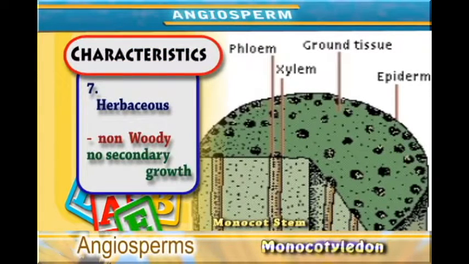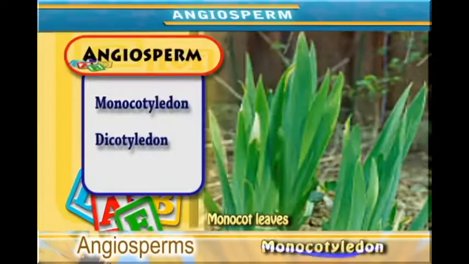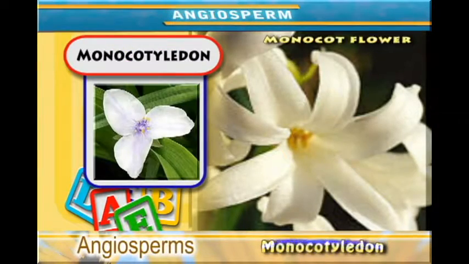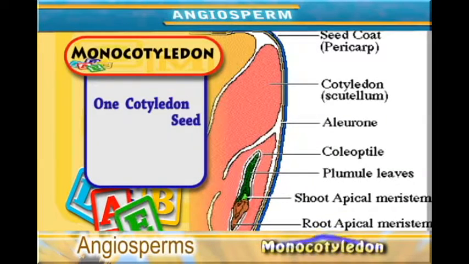So we are saying that the angiosperms, which are flowering plants, are divided into two classes: the monocots and the dicots. We have seen that the monocots have one cotyledon in the seed.